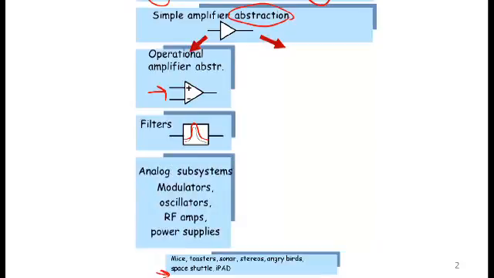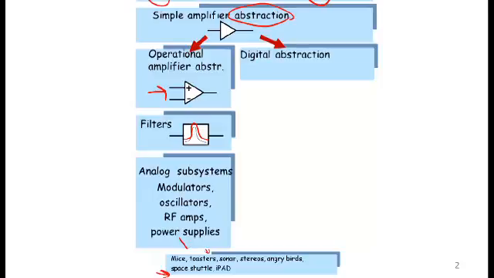Then we build the next level of systems, analog subsystems such as oscillators, modulators, RF amplifiers, power supplies, and so on. And then those would be used in systems like the space shuttle or phones and things like that. So that is one whole set of directions that we can take. Think of that as the analog direction.